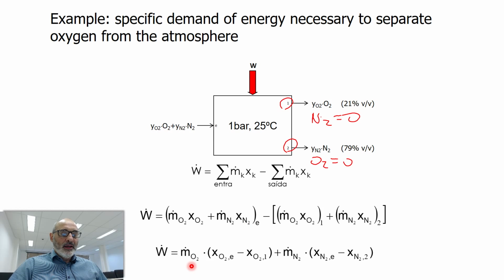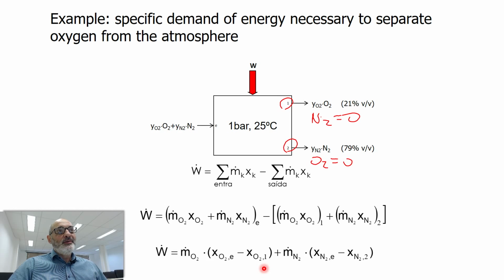So I can isolate here MO2 at E is equal to MO2 at 1, and rearrange the expression. So the minimum amount of work is oxygen's flow rate times the variation of exergy, plus the flow rate of nitrogen times its delta exergy, okay?